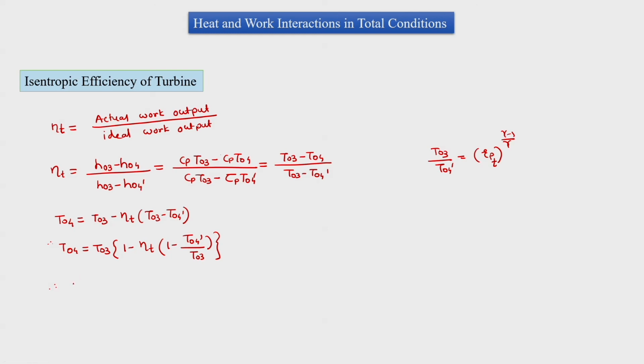As represented earlier, we can replace the T04 dash upon T03 ratio using the isentropic relation, which says 1 minus 1 upon Rp T bracket raised to gamma minus 1 upon gamma.